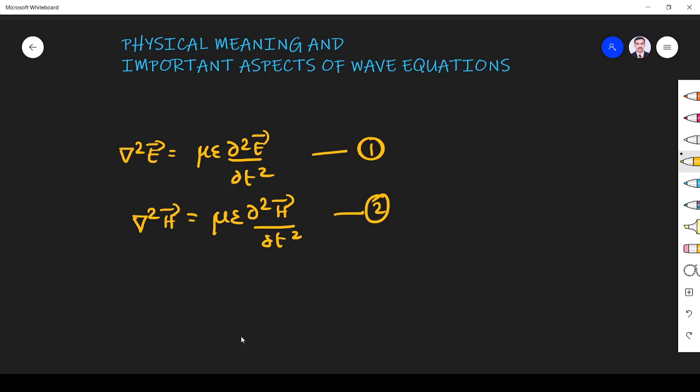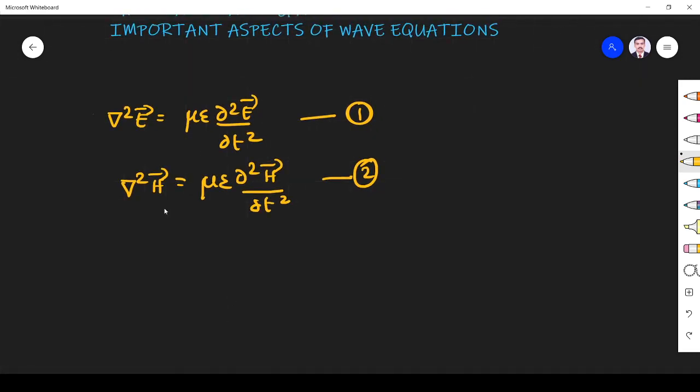The first thing is we know that E is a vector. So we can write E is equal to Ex x unit vector plus Ey y unit vector plus Ez z unit vector. So here you see E is a function of x, y, z. That means E varies along the x-axis because the x unit vector gives direction.